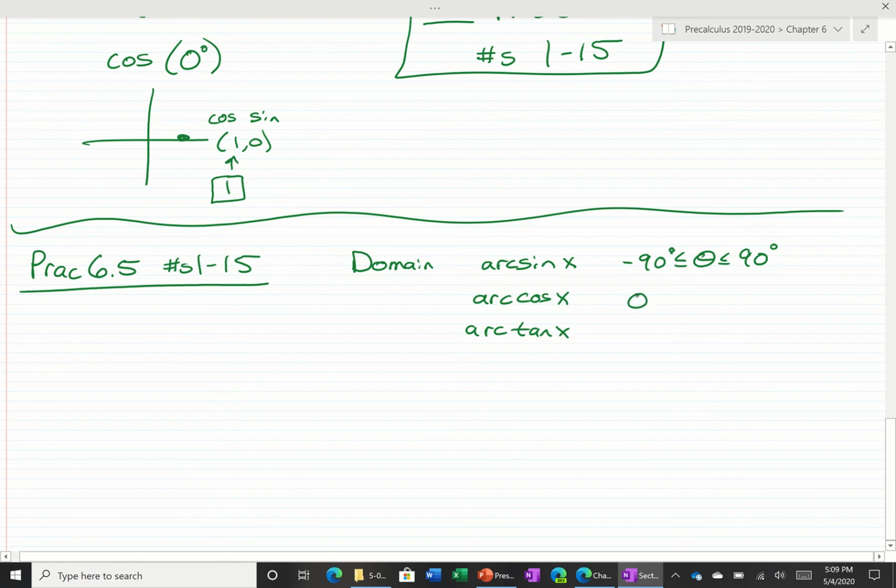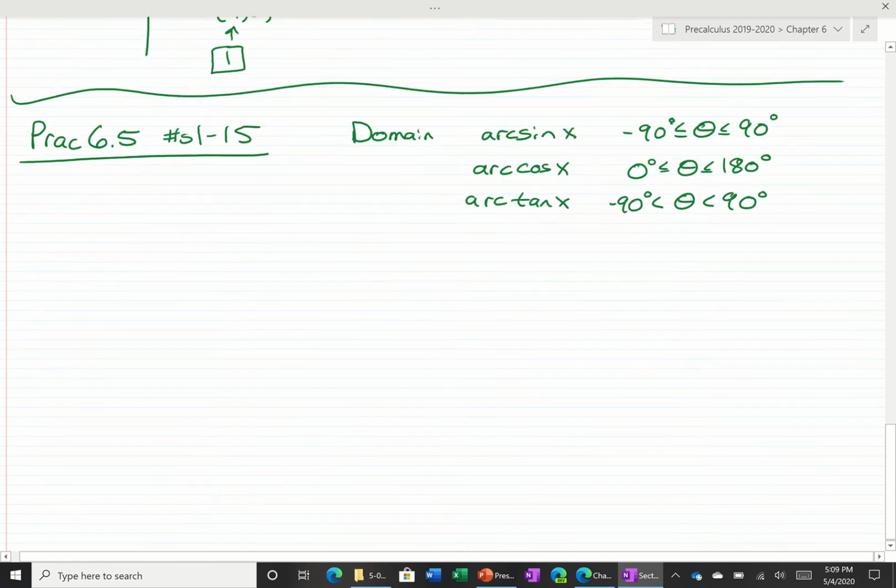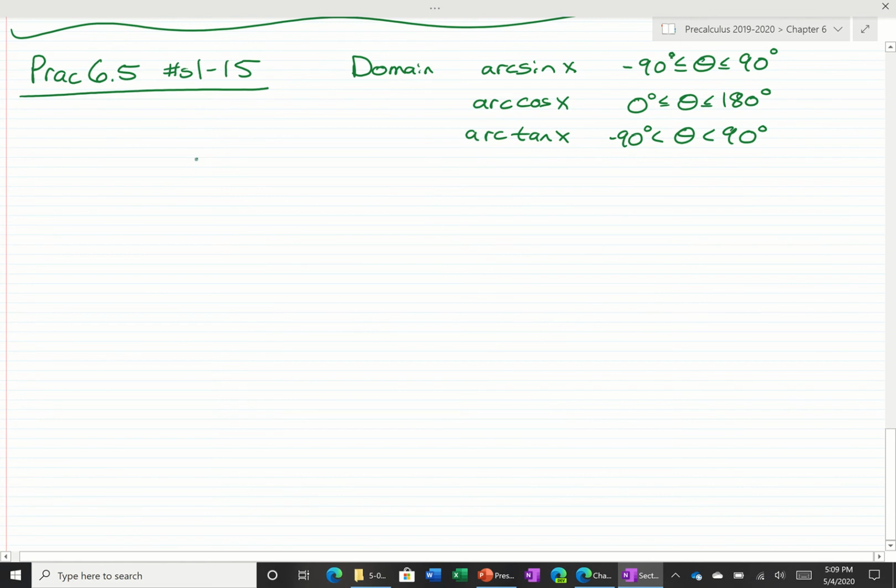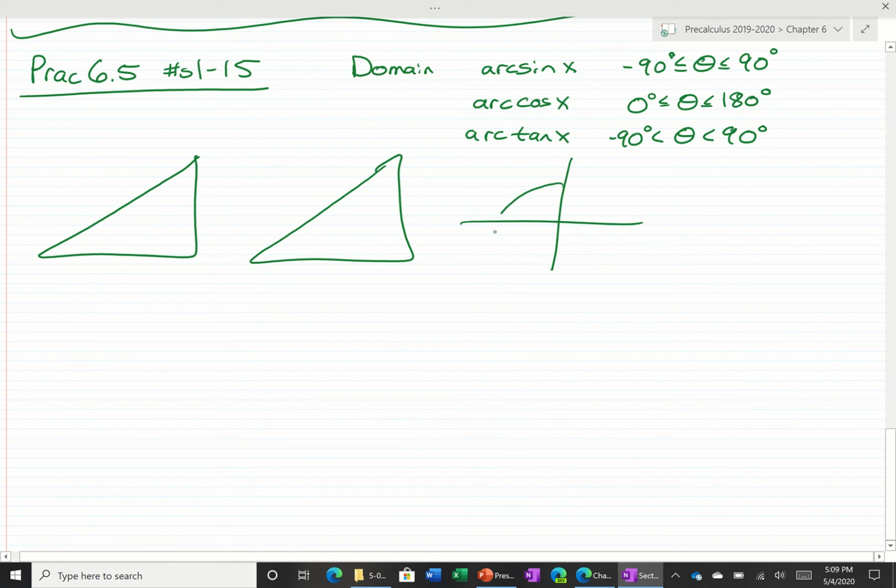For cosine, it was between 0 degrees and 180. And for tangent, it was between negative 90, but not including that, and 90 degrees. So let's take a look at this. We are going to be just looking at our special triangles and our quadrantal angles in order to solve these.